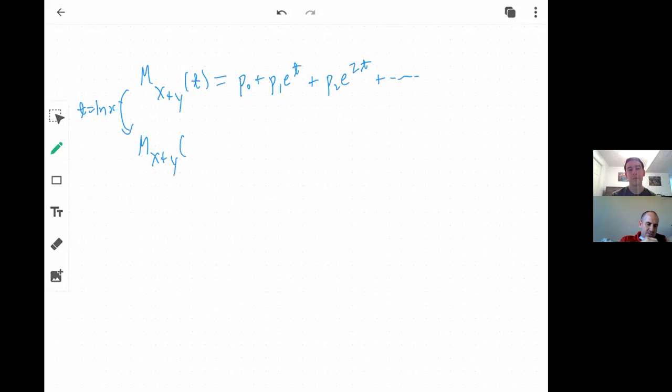What would this turn into? Each e to the t would turn into an x. So this would be p0 plus p1x plus p2x squared plus etc., right? Yeah. So from here, if you take the derivative with respect to x, you could pluck off the probabilities one by one. Does that make sense? Yeah.